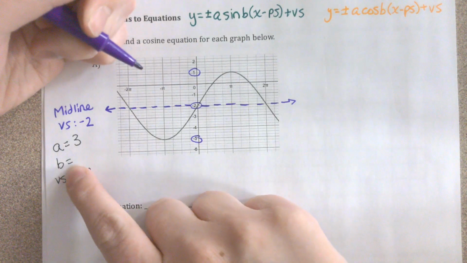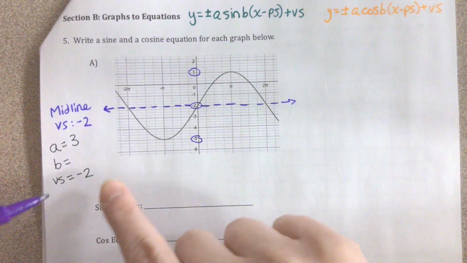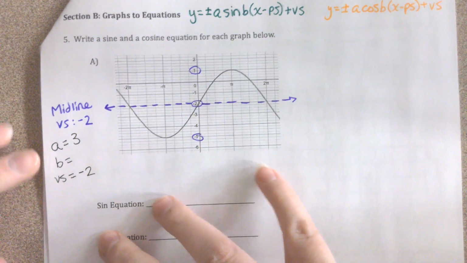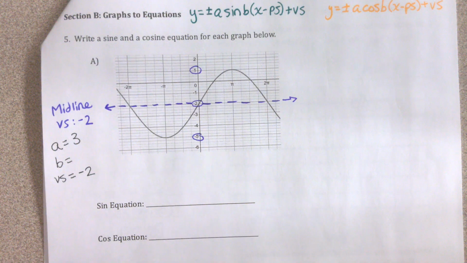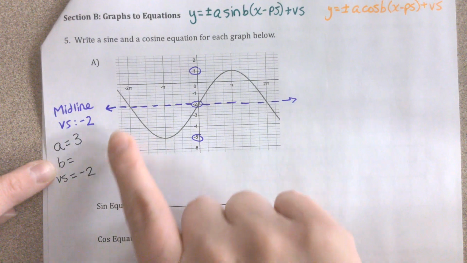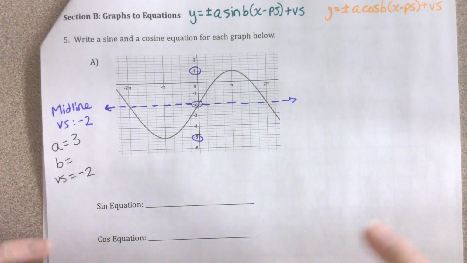And then B. A lot of students try to find B every single time they make a new equation. You can do that, but B is not going to change. So once you find B, you're good. You have what B is. Now, the easiest way to find B is to first identify a full curve in your problem.